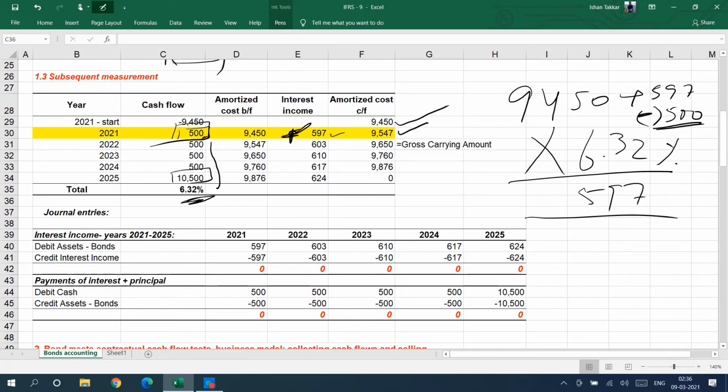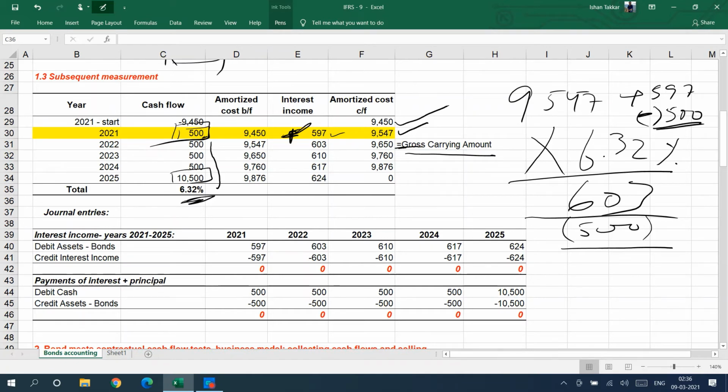It is also known as the gross carrying amount. For the next year, you will earn 6.32% on the gross carrying amount. This time it will be 9547, and you will find it comes out to be 603 rupees. Then you also got 500 rupees as a coupon, and you will show your gross carrying amount at this price.